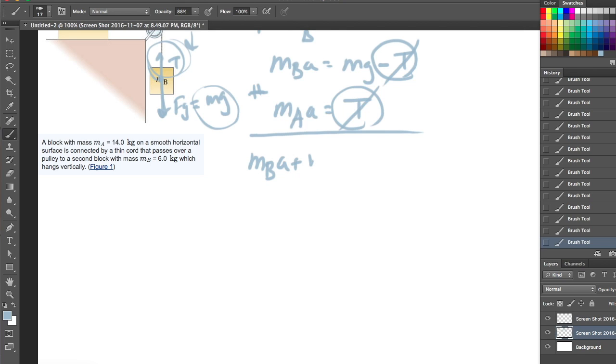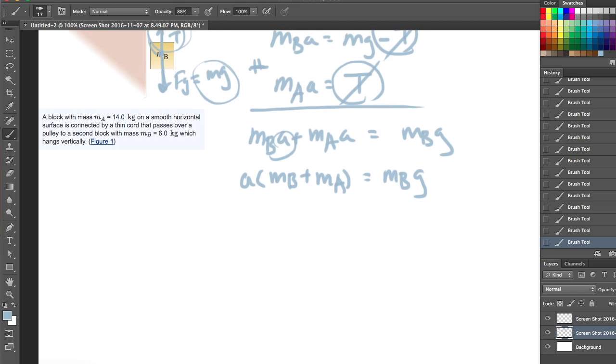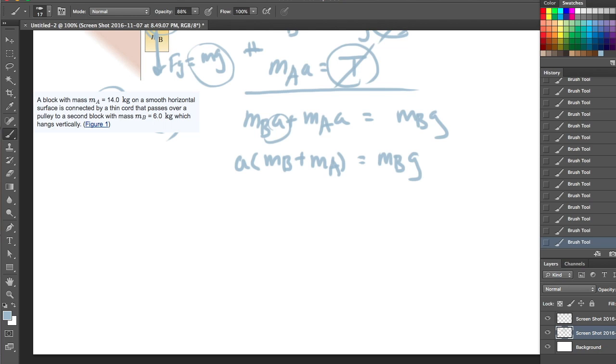We're left with MB A plus MA A equals MB G. We can take out A using the distributive property: (MB plus MA) times A is equal to MB times G. Since we're given the masses, we can plug those in: (14 plus 6) times A equals 6 times 9.8, which is gravity.